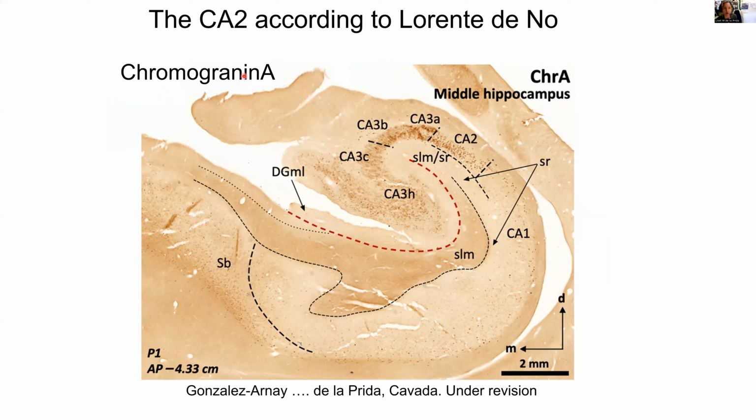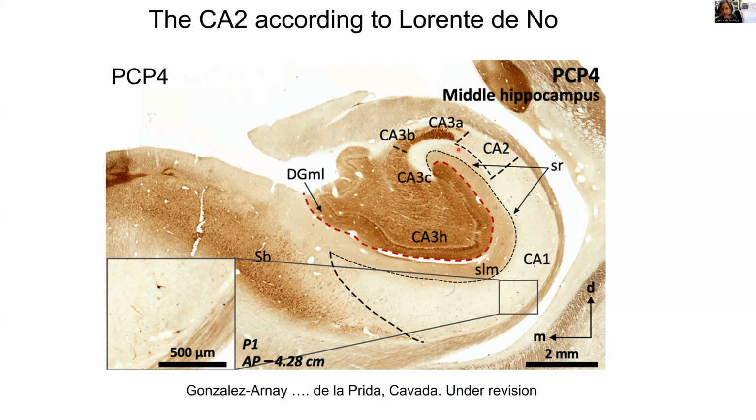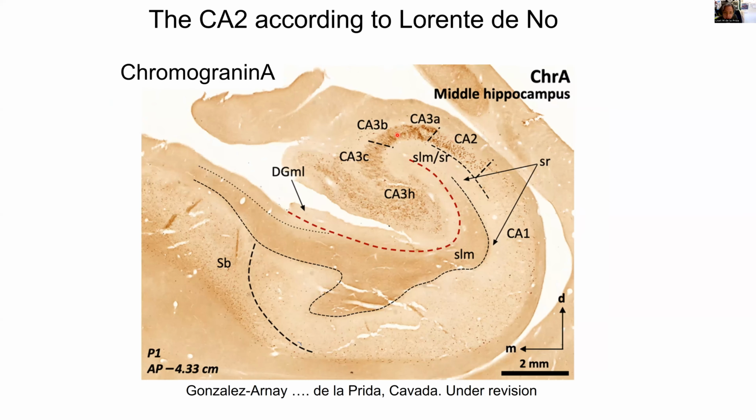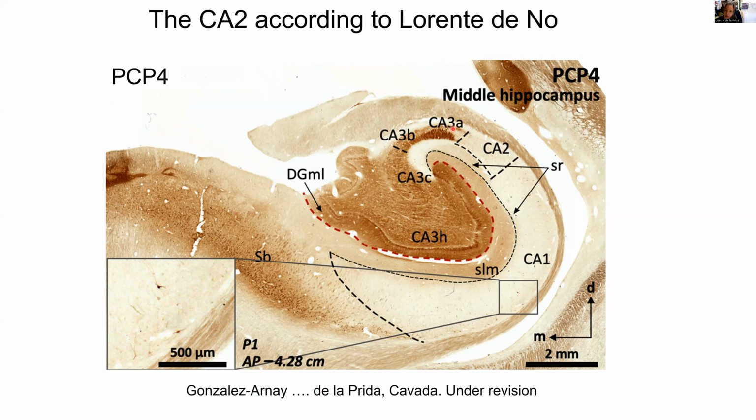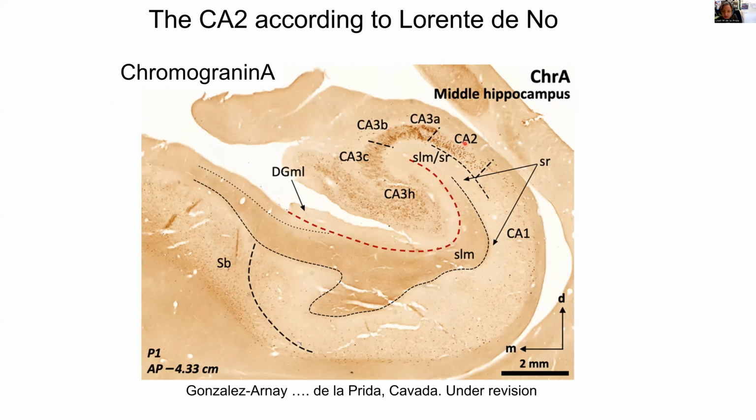If you look at chromogranin, which is a marker for CA2 that was previously reported, you clearly see how you can stain these cells specifically as compared with PCP4. And actually the mossy fibers, the limit with the mossy fibers, which is just here, that form this kind of shape, is clearly identified, and chromogranin positive cells can also be identified here.